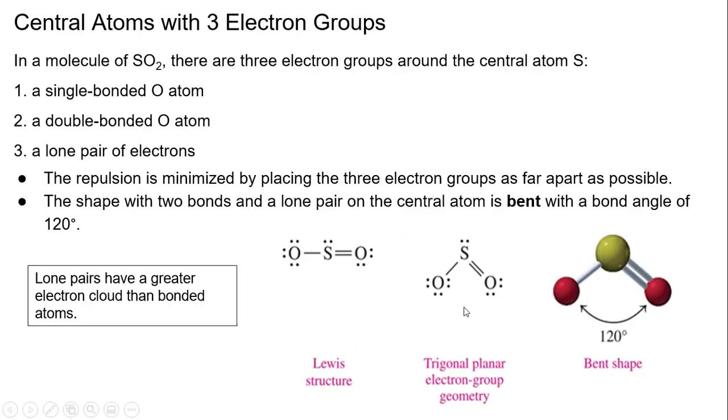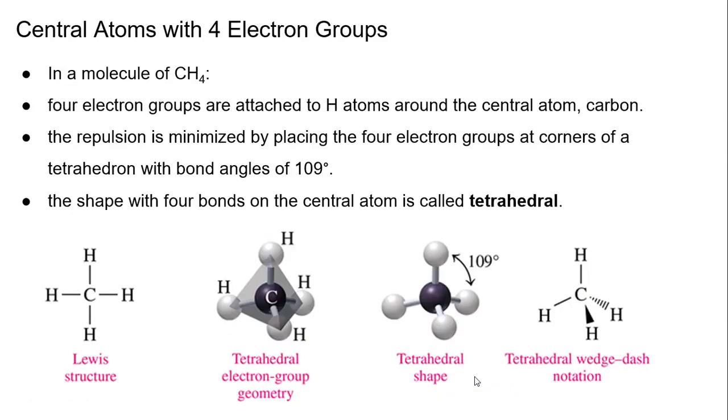Now we're dealing with the lone pair, so we have 3 electron groups, but only 2 bonded atoms. So the sentence says if it has more electron groups, which we do, we have 3, than bonded atoms, the names are going to be different. So that means a lone pair. If you have a lone pair involved, the name's going to be different for electron group and shape.